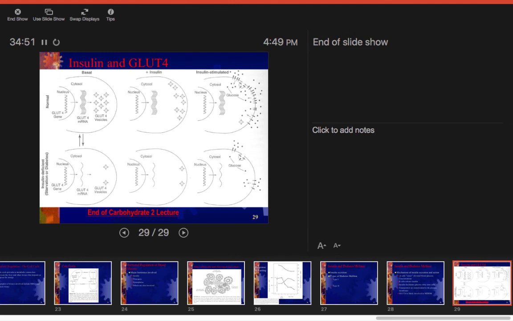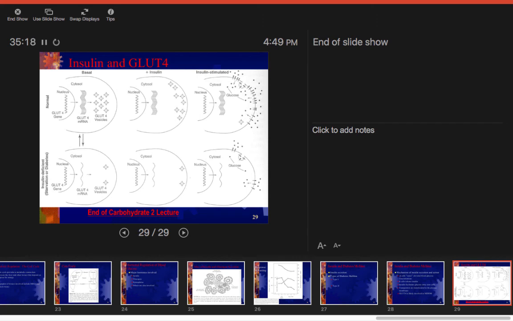So this is a diagram that shows that. At the top we have kind of what typically happens. In this case we have basal levels of insulin. We have GLUT4 being made from the GLUT4 gene. It's being transcribed, and then here's translation.